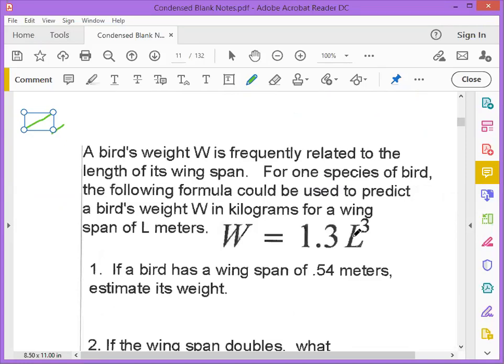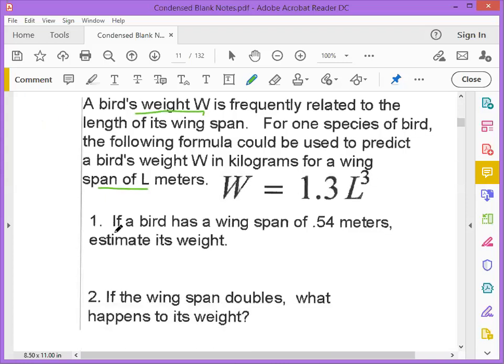So the L represents the wingspan, W represents the bird's weight. Number 1 says, if a bird has a wingspan of 0.54 meters, now remember which of these letters represented wingspan, it was L. So right here for L, we're going to plug in the 0.54. We want to estimate the weight. So to get W, we just need to plug in 0.54 for L.